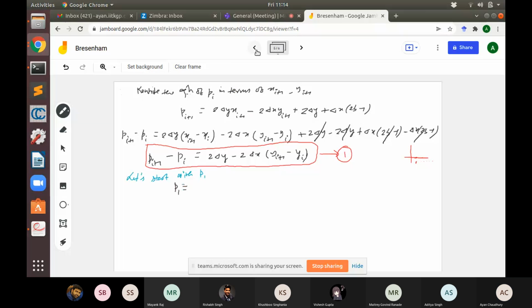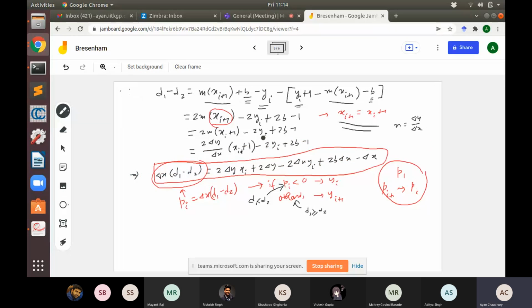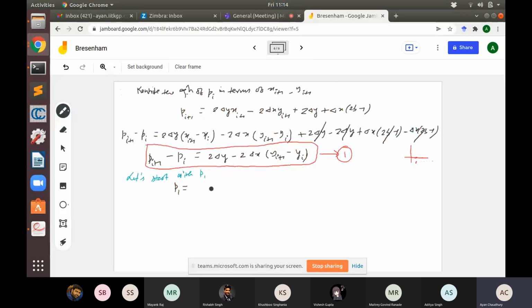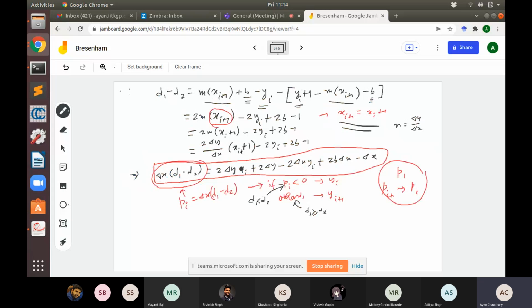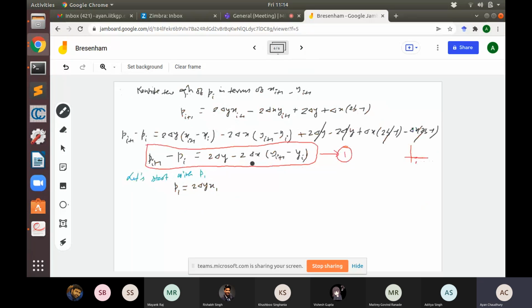P1 will be 2 delta y times x1, where instead of i we just put 1, minus 2 delta x times y1, plus 2 delta y, plus delta x times 2b minus 1. It's as simple as that.